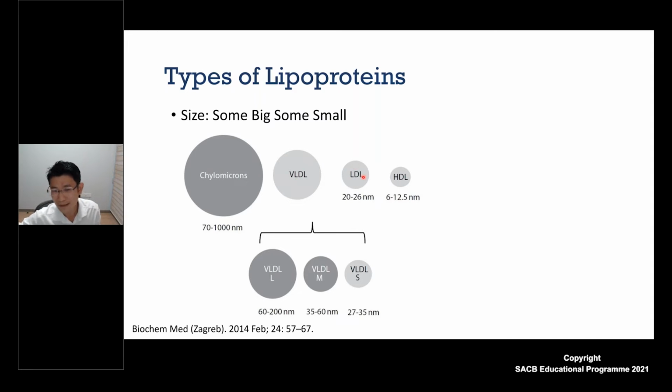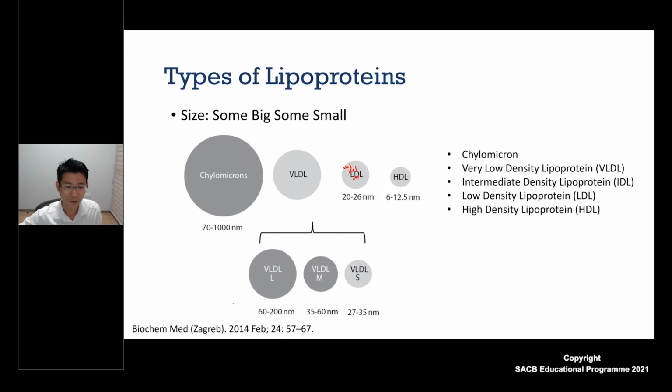We have the very small one, low density lipoprotein, and inside this particle you have cholesterol. It's the cholesterol inside this particle that is dangerous, that we call the bad cholesterol.